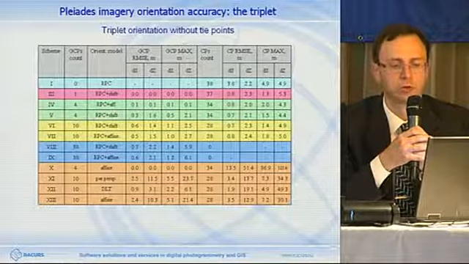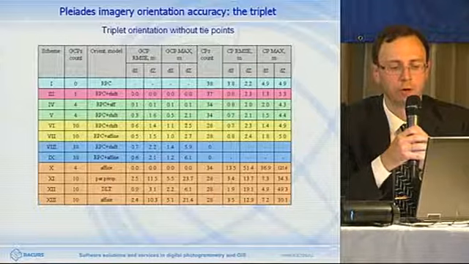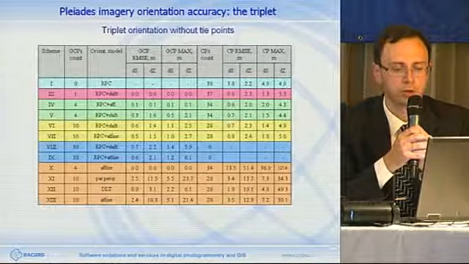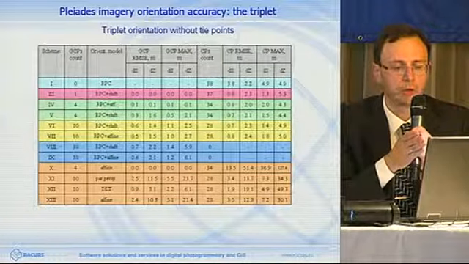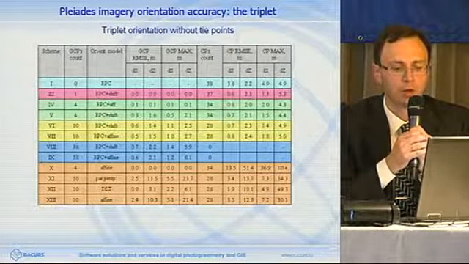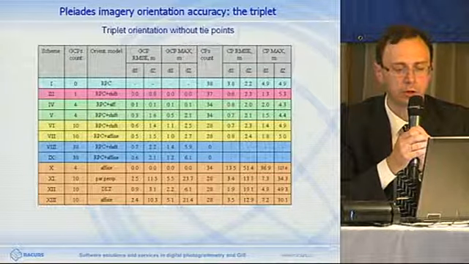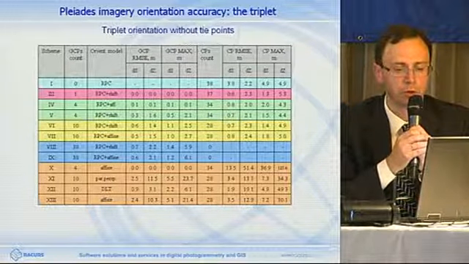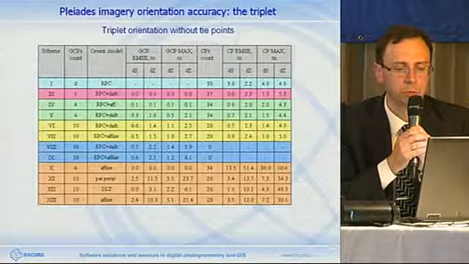We see that without the use of GCP, we have about the same 4 meters in mean and 2.5 meters in vertical accuracy, and then when we use GCPs, the plane accuracy becomes the same level as for a single or standalone image, but the vertical accuracy remains about the same.